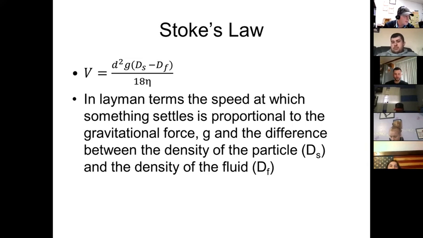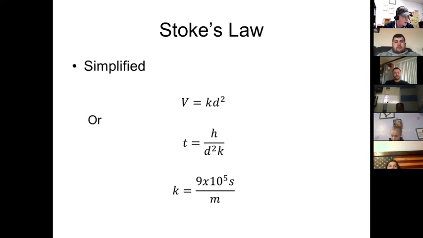So in layman's terms, the speed at which something settles is proportional to gravity and the difference between the density of the particle and the density of the fluid, and so on. It's basically how fast something is going to settle in a liquid. And we can use Stokes' law to help us determine texture. Let me show you how that works.